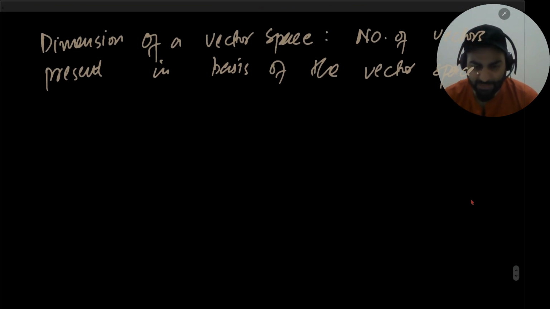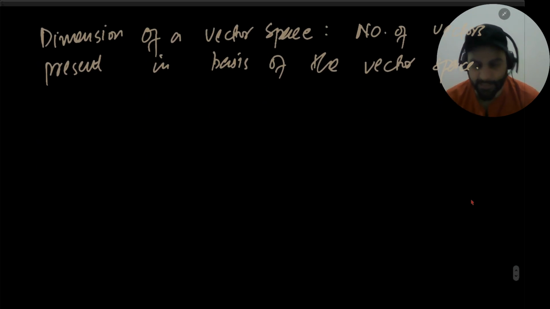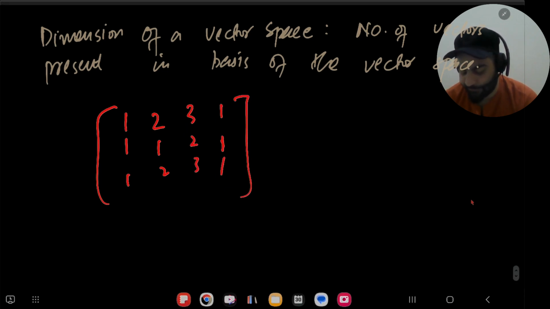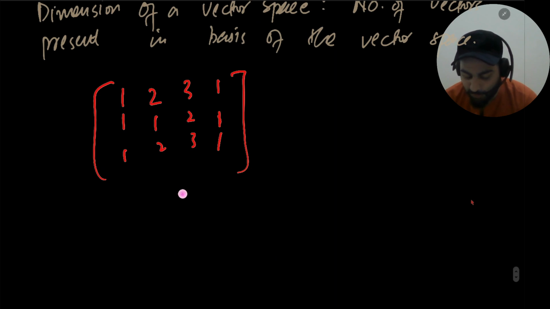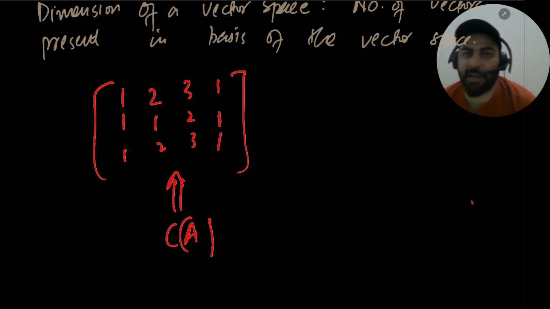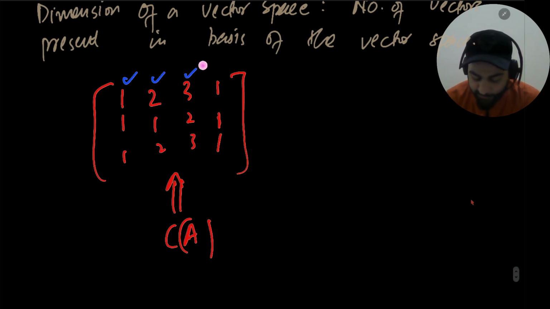Let's suppose we have a matrix. What matrix can I take? Let's suppose we have a matrix with rows 1 2 1 2, 3 2 3 1, 1 1. Let's suppose this is my matrix. How do we define the column space of this matrix? By column space I mean taking linear combinations of all the columns of this.